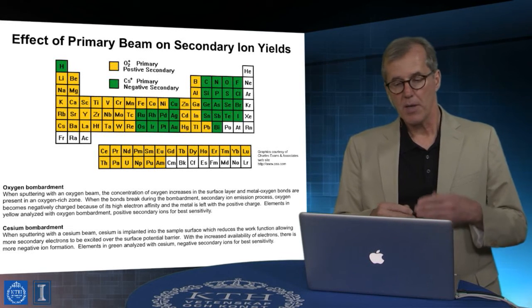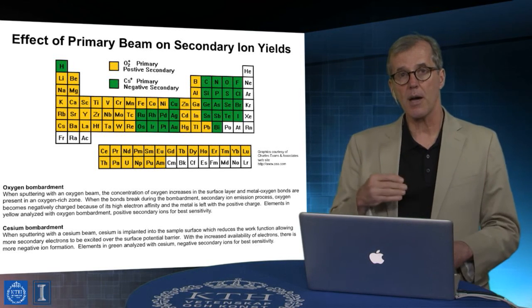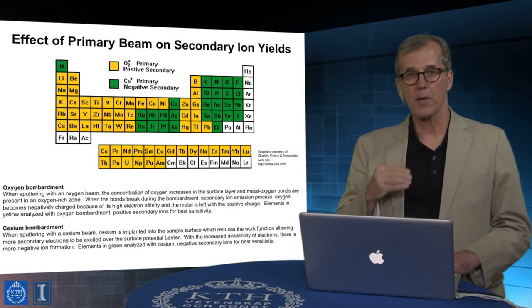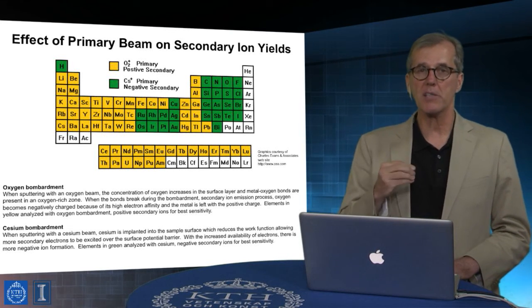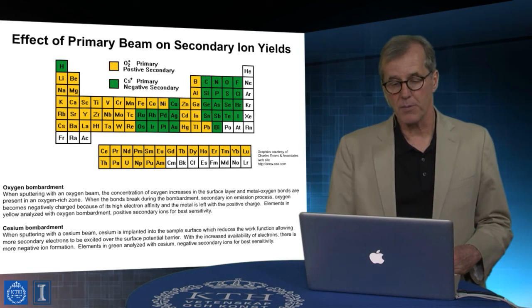And so this is actually a place where you would go to the literature and say, this is the nature of my sample, and what sort of primary ion should I be using to best advantage analysis of this class of material.